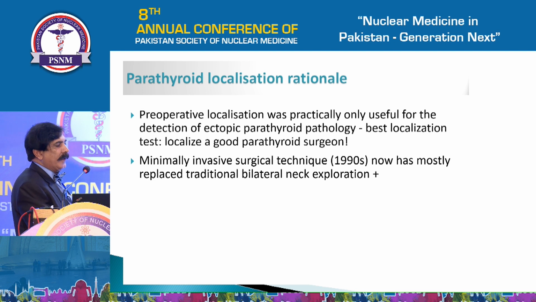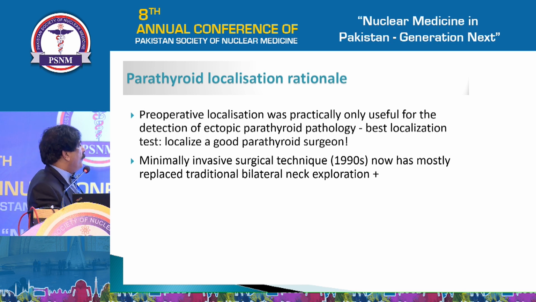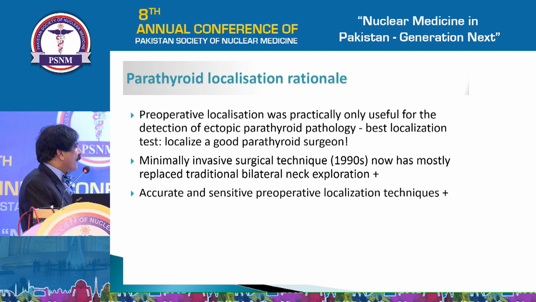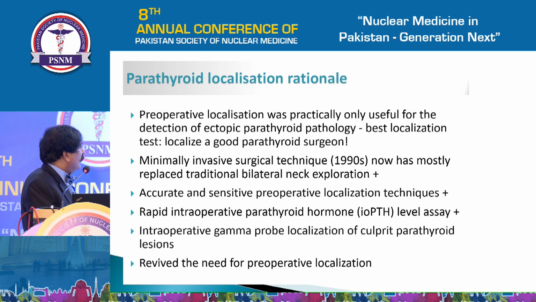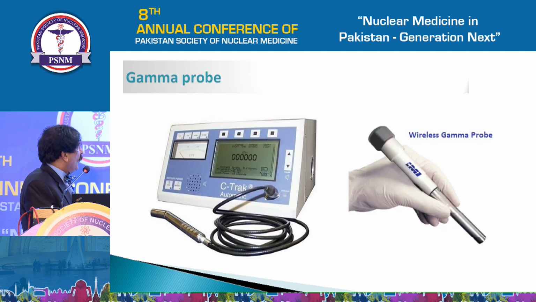For the last several years, until the advent of the minimally invasive surgical techniques, parathyroid localization was deemed only feasible for the best localization test. A good surgeon will take all of the glands, but now because we have non-invasive surgical techniques and intraoperative parathyroid hormone assays and intraoperative gamma probe localization of the culprit parathyroid lesion, this has revived the need for preoperative localization.